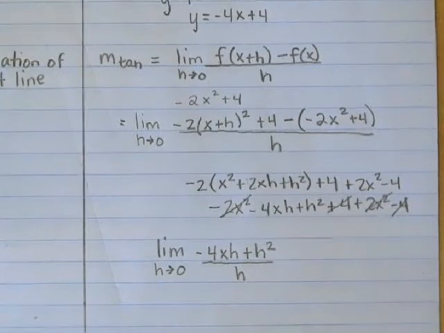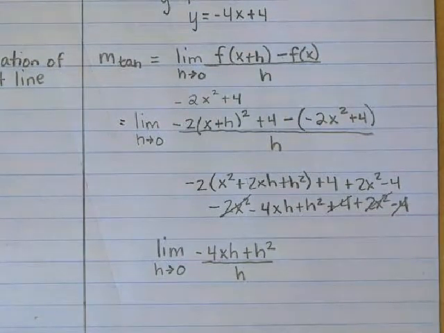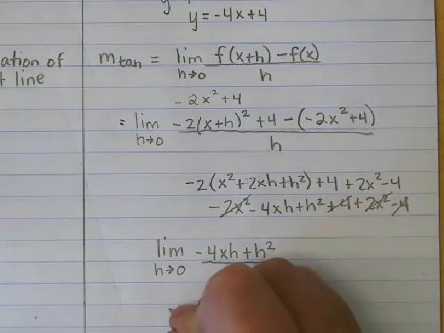Now, I know that if I tried to do direct substitution right now, I would get 0 over 0, which would be the indeterminate form. So I'm going to factor and take out an h. So this is the limit.